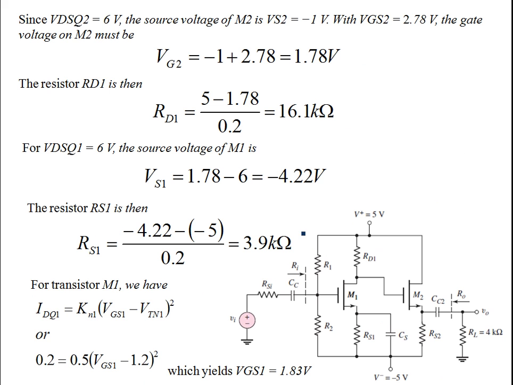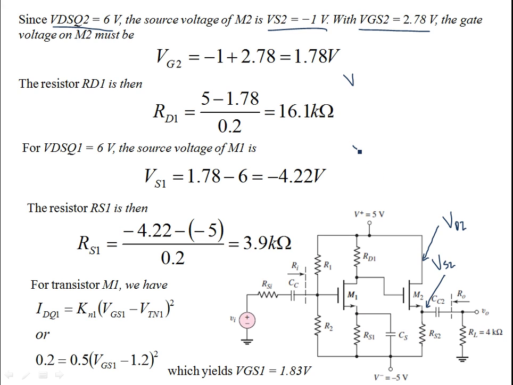The other thing is, if you look at this circuit, it's getting quite messy. Let's start with a fresh one. It's the same circuit. Now we have VGS2 as 2.78 volts, and VDSQ2 requires 6 volts. So VS2 is minus 1 volt. How do you get this? This point is your VS2, and this point is your VD2, the drain voltage.